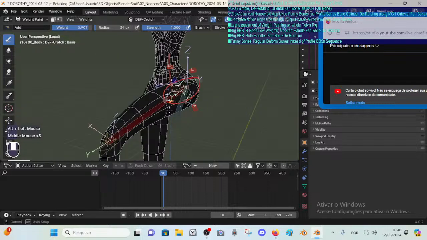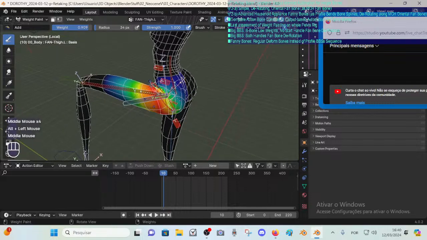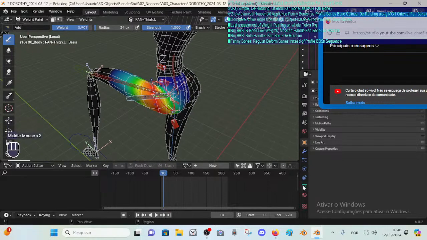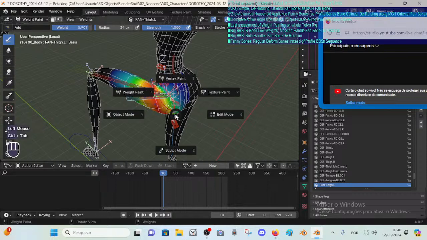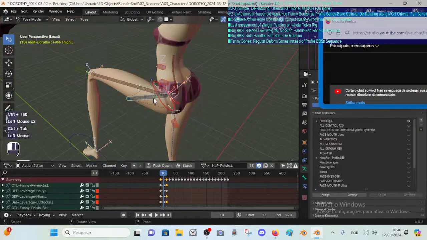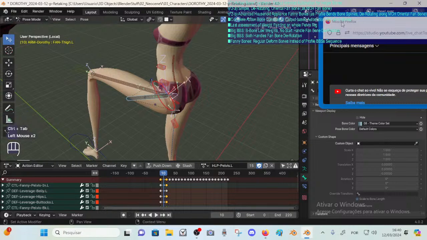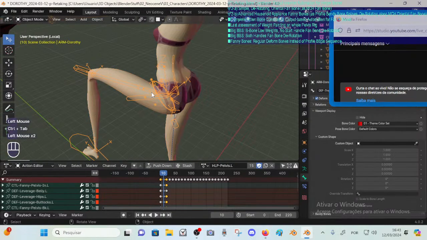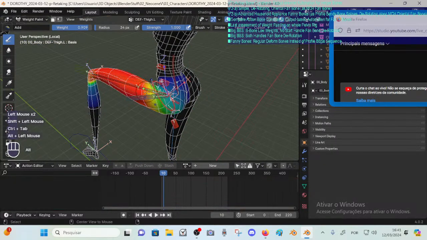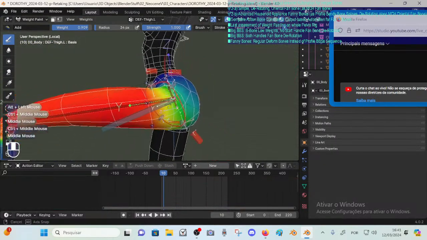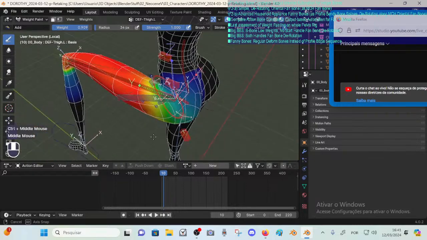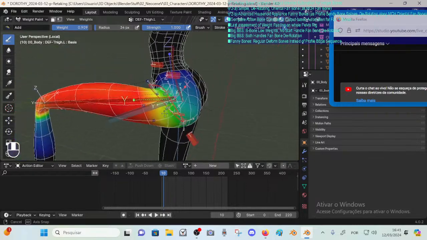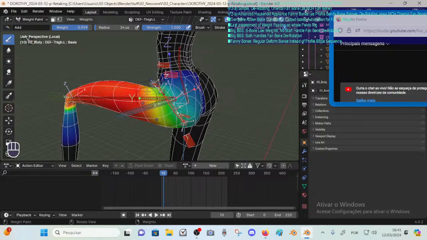The crotch doesn't, so yeah, it could be. This is a non-deform bone, so this is not a problem. Could it be that the thigh weights are wrong? No. On that region particularly, it sounds correct.